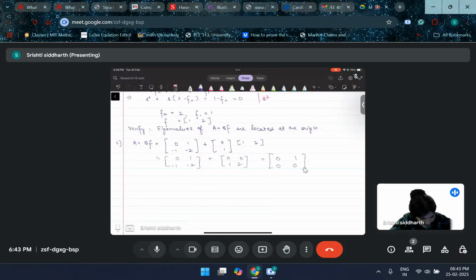This means that we have repeated eigenvalues at 0, which implies that the system is unstable.